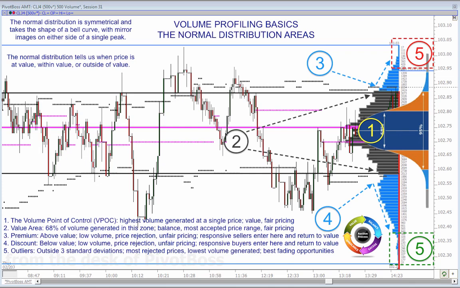So if we look at the normal distribution areas of the volume profile now, you'll notice that, again, number one is the peak of the profile, and that is the volume point of control. And this volume point of control is value. You can also just call it the point of control.